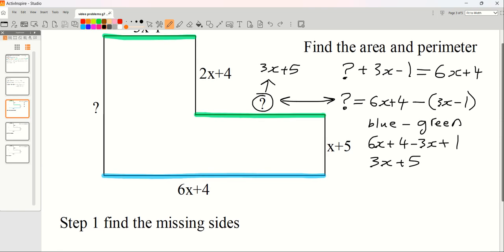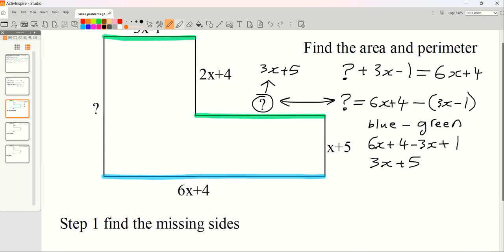In the next part, we need to figure out the measurement of the orange highlight. This orange highlight is going to be made up of my two pink highlights, using the same previous rule. In this case, we need to combine the two pink highlights, which means we will not be using subtraction, but we will be using addition.